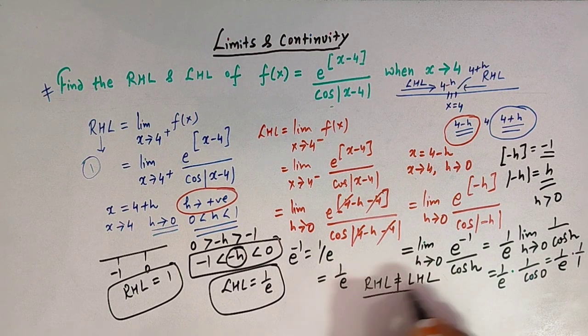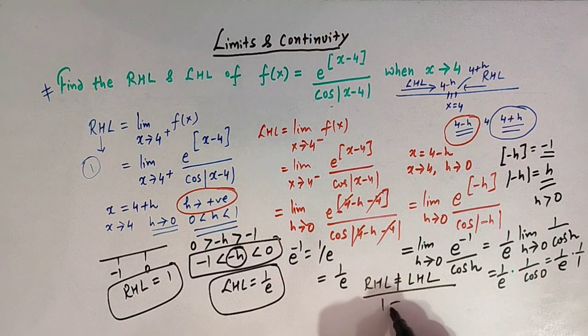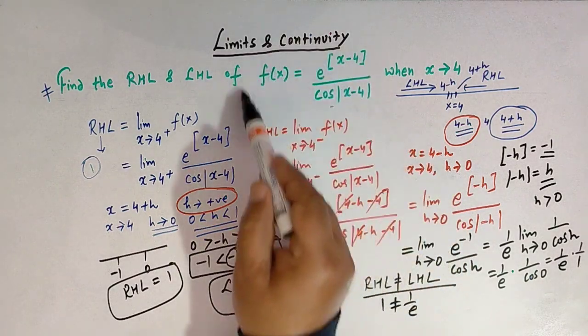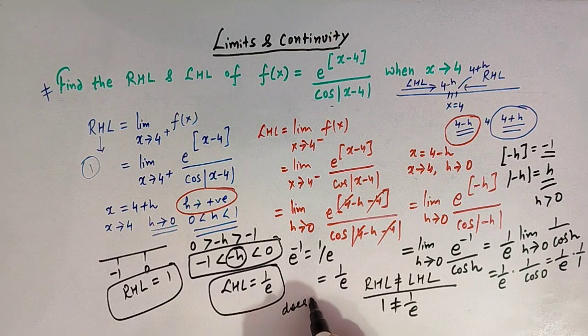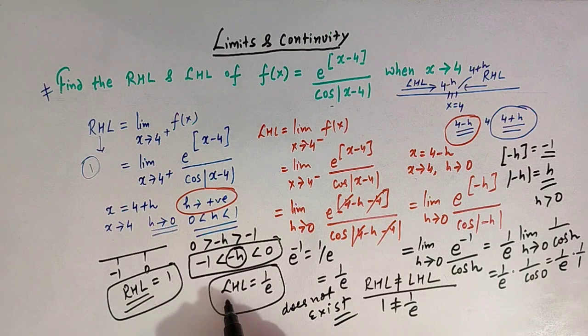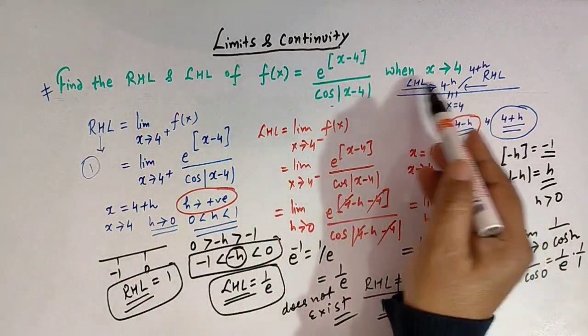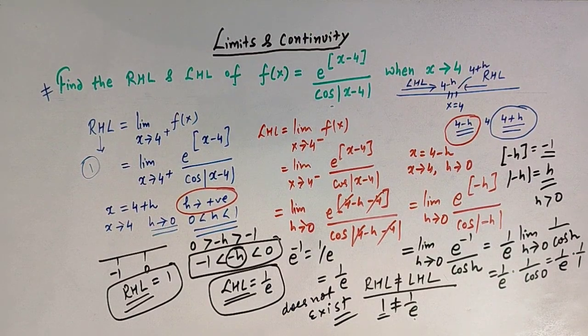So we can safely claim that the limit of this function when x approaches 4 does not exist, right? Because the right hand limit and the left hand limit are different, that is, they are not approaching the same value, right? Because this is 1, this is 1 over e, and 1 over e is not equal to 1, right? So the limit of this function when x approaches 4 does not exist.